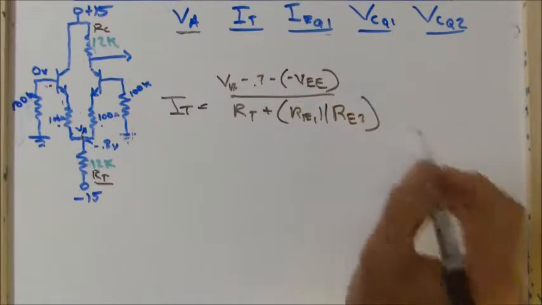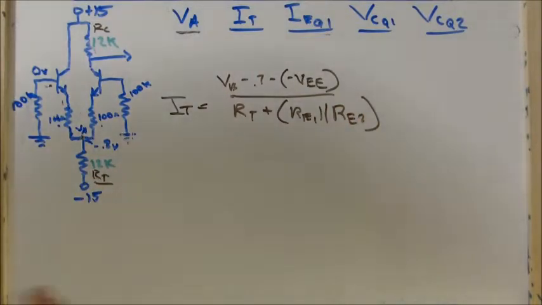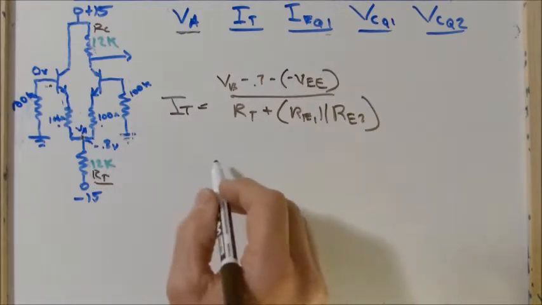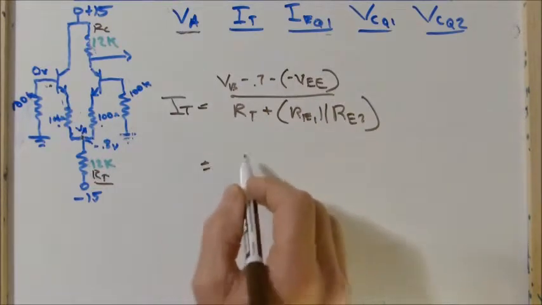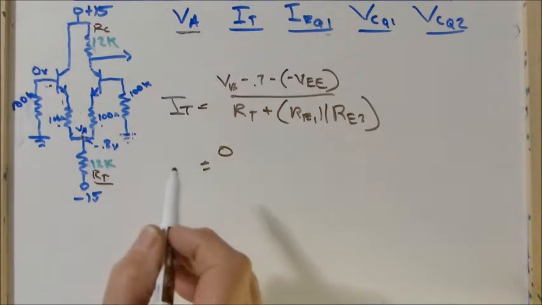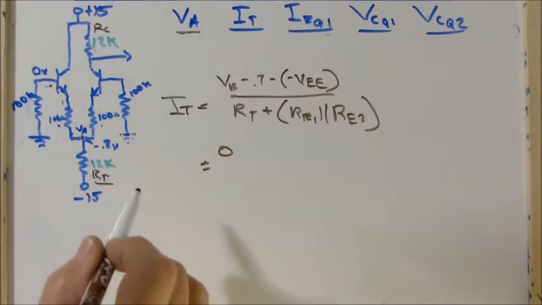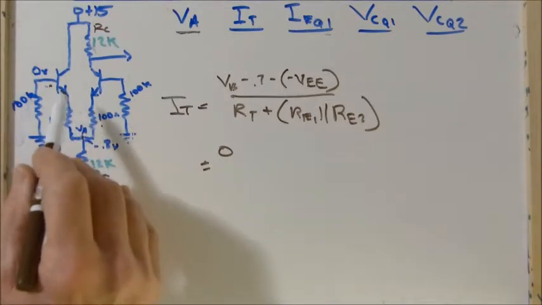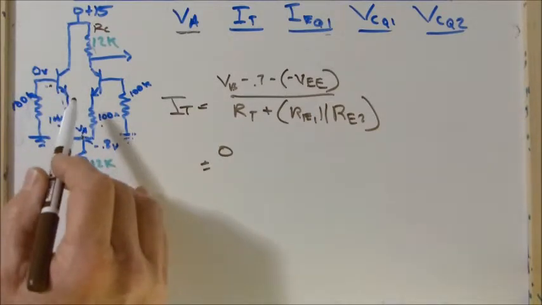So let's go ahead and get some numbers in that. We know that VB is 0. VB is not truly going to be 0, but it's close enough for what we're trying to calculate here. Because again, we have a transistor as a current amplifier.